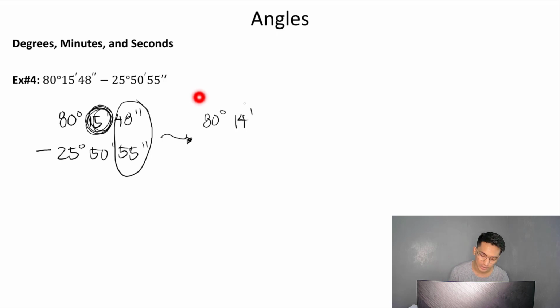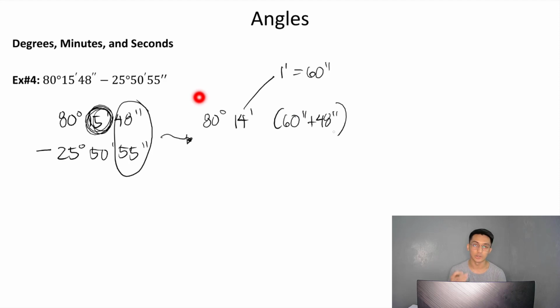So, yung 1 minute na kinuha natin dito, gagawin nating 60 seconds at ilalagay natin sa 48 seconds. We have now 60 seconds plus 48 seconds. Ganun lang sa ginawa natin sa previous example. Minutes naman yun na nag-borrow from the degree unit.